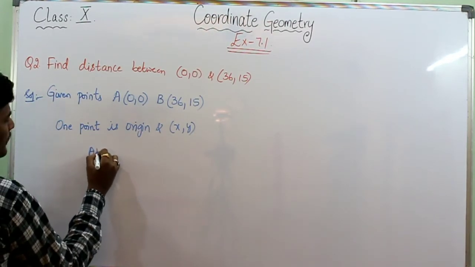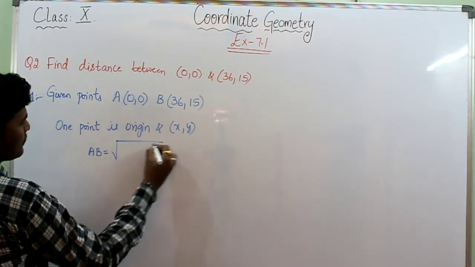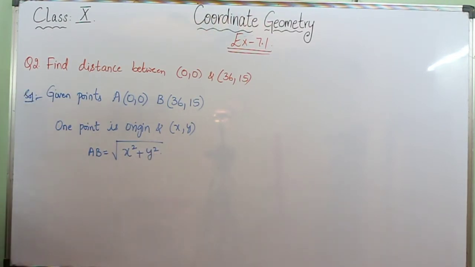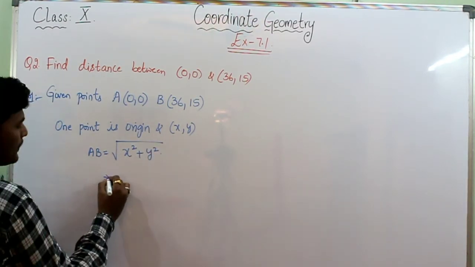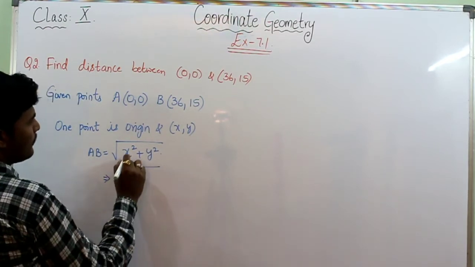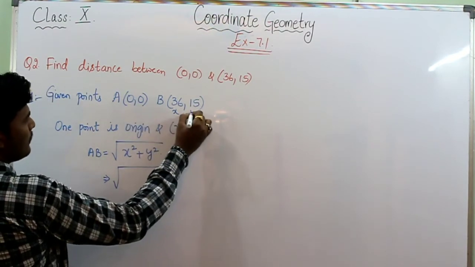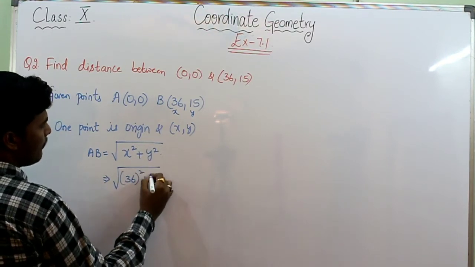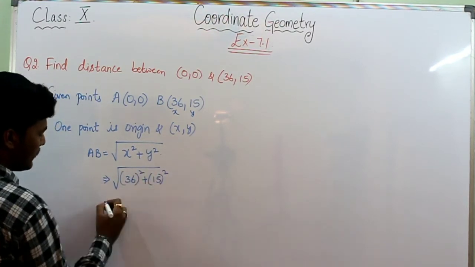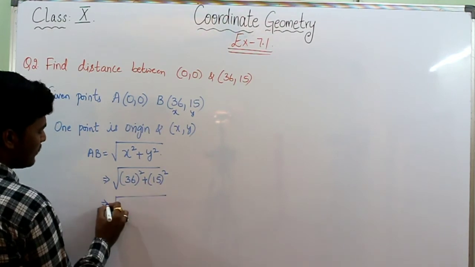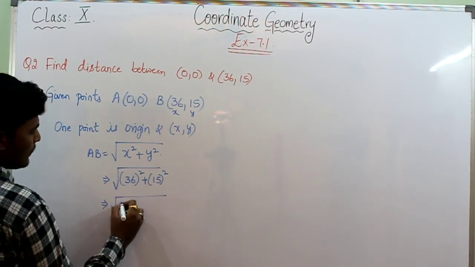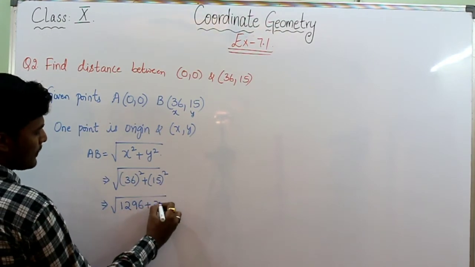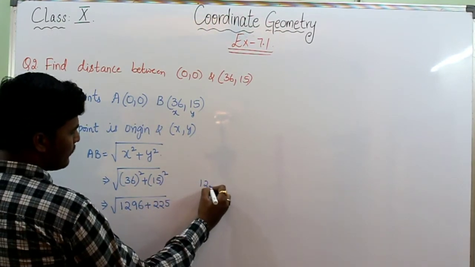Then the distance between them is given by AB equals square root of x square plus y square. So now this will become square root of x, which is 36 square, plus y, which is 15 square. So this implies 36 square is 1296 plus 15 square is 225.